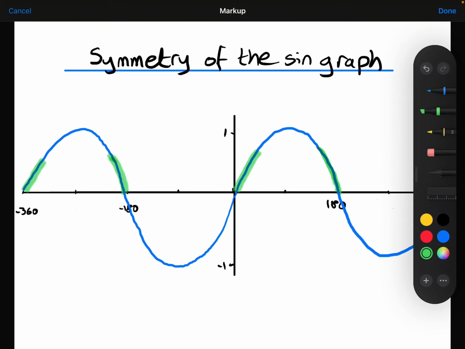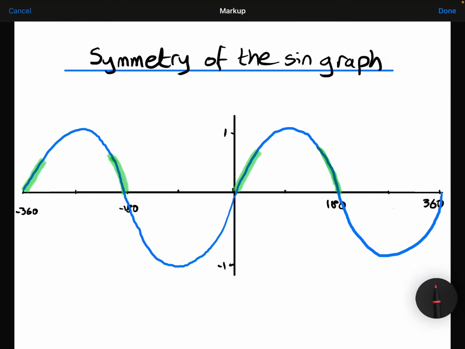Which is useful because let's say that I know that this angle here is 40 degrees. Well, then I know that this would be 40, and this would be 40, and this would be 40, and so on.